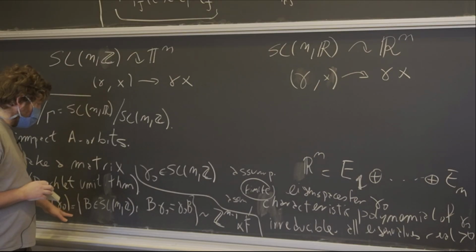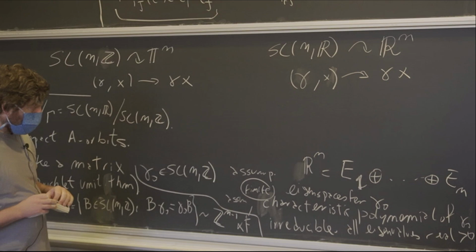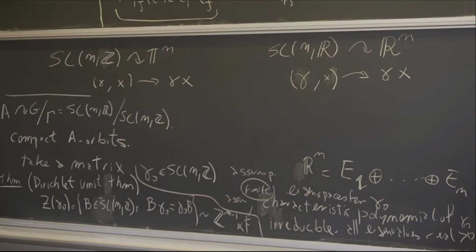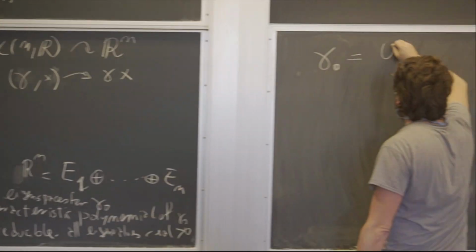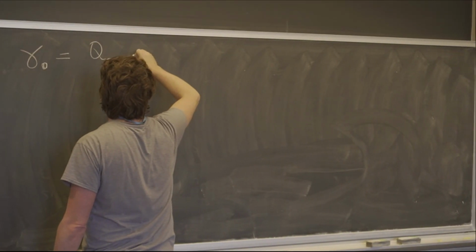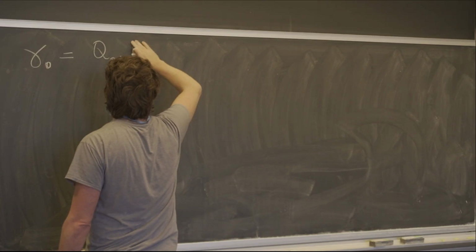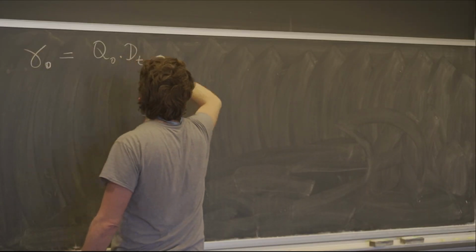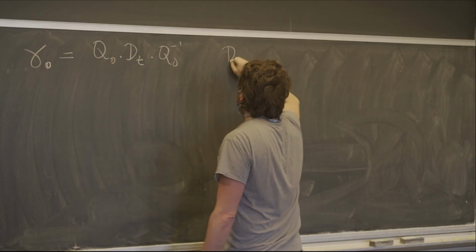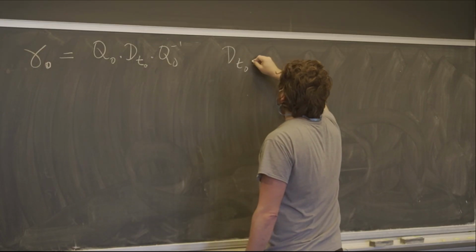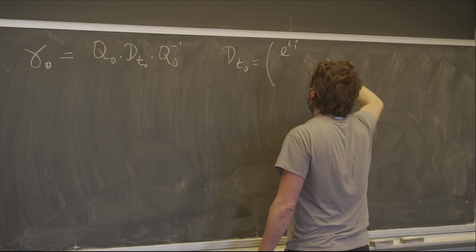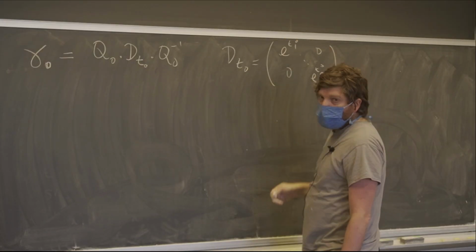This actually is important for later use, not yet. Let's go back to this splitting and this matrix gamma naught. The main thing we care about is that gamma naught, since we have this splitting, will be some matrix Q naught times some d_t naught, where d_t naught is diag(e^{t_1 naught}, ..., e^{t_n naught}), which are the real eigenvalues.